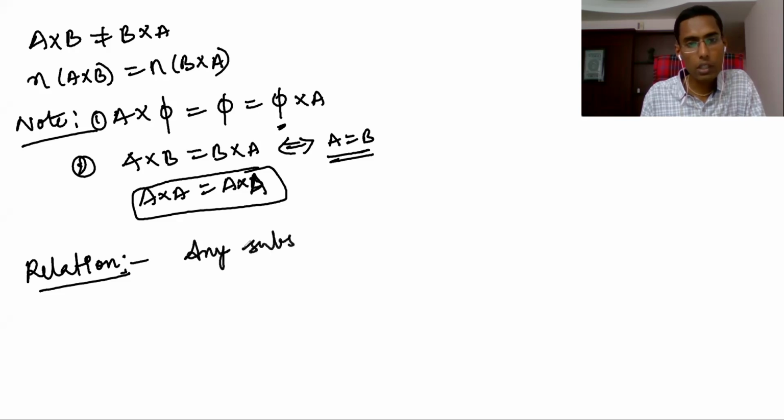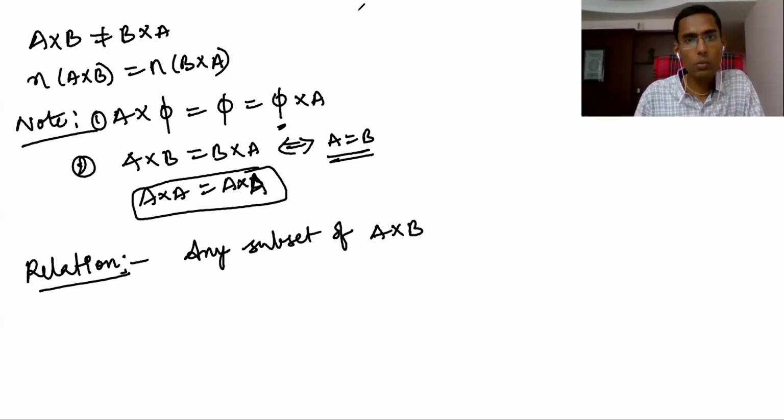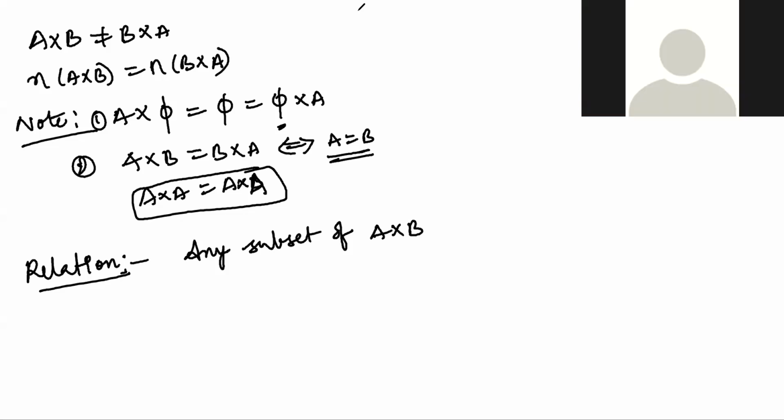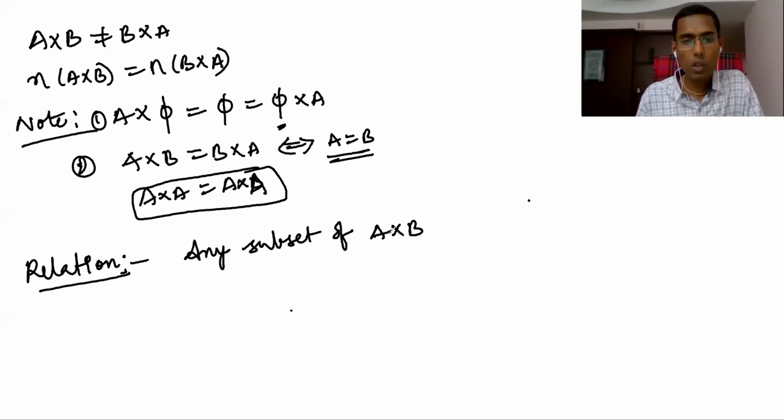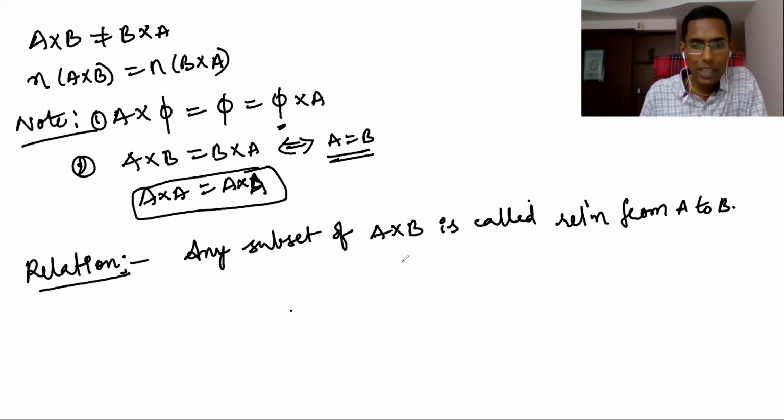Any subset of A cross B. Any subset of A cross B is called relation from A to B. Any subset of A cross B is called relation from A to B.